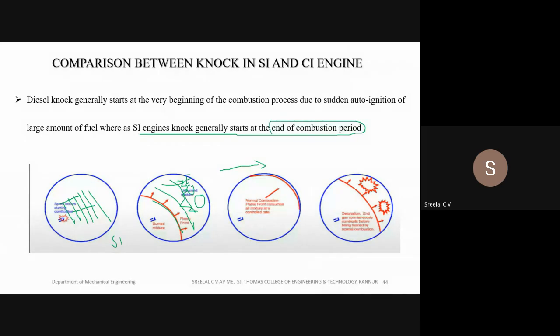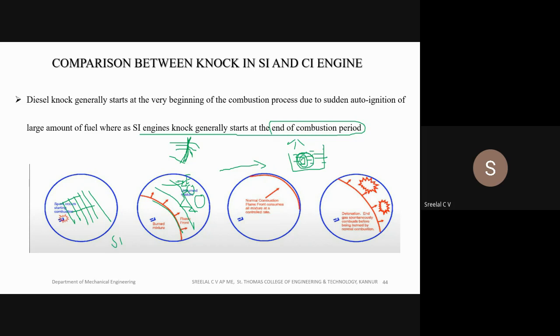So in the diesel knock, more fuel will be there. We already said this, and I repeat it to avoid confusion. More fuel is there due to the delay in the ignition delay period. Because of that time difference, more and more fuel will be taken into the combustion chamber. So a high amount of fuel will be there, and while the auto ignition starts, due to the large amount of fuel inside the combustion chamber, the pressure will be increased.